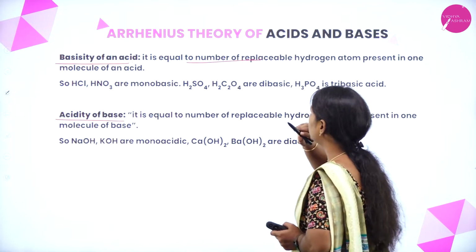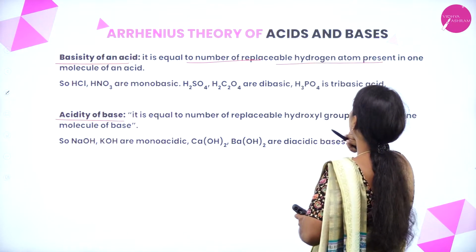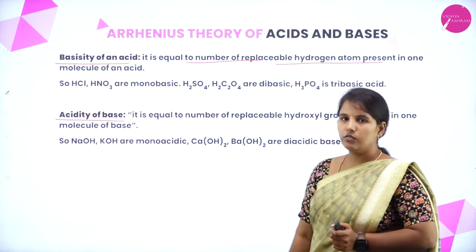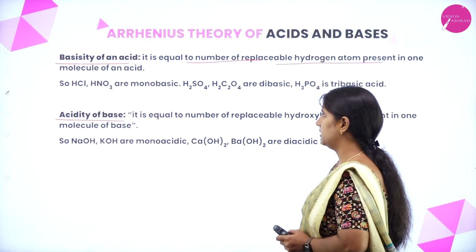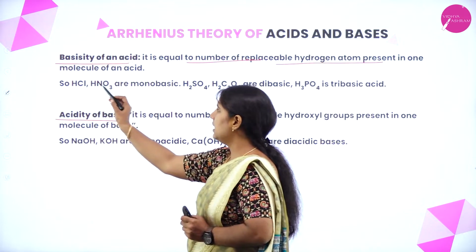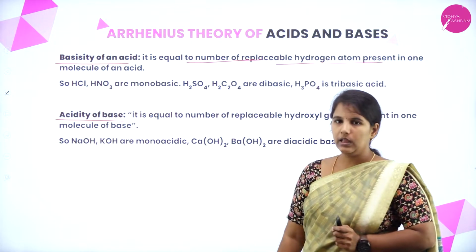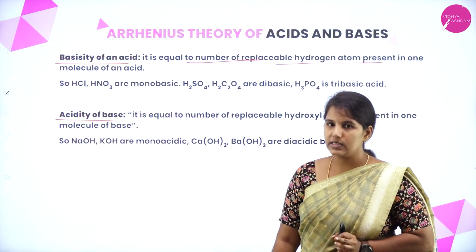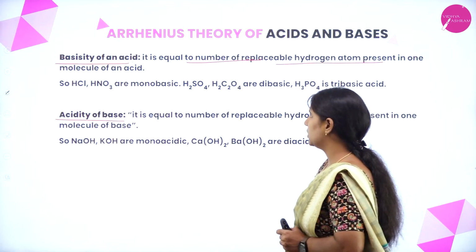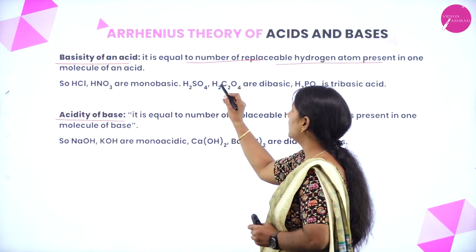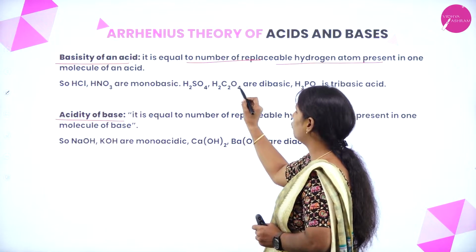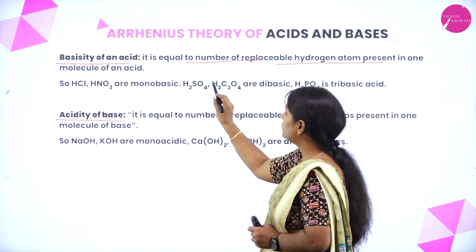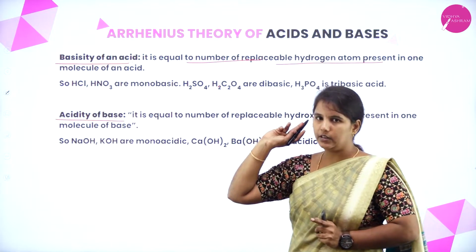It is equal to the number of replaceable hydrogen atoms present in one molecule of an acid. So, in HCl as well as in HNO3, how many replaceable hydrogens will be there? Only one. Hence, it is monobasic in nature. Similarly, in H2SO4 as well as H2C2O4, you can see that there are two replaceable hydrogens in these two examples.